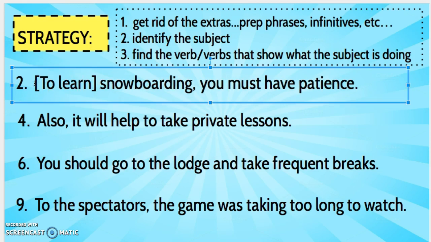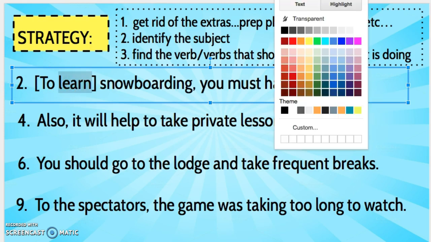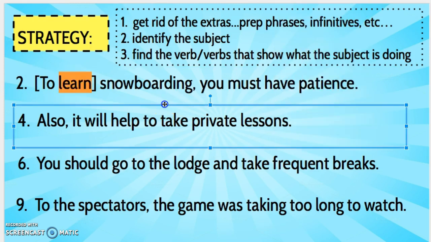And as I'm looking at that, I can really see that I have a verb, right? We know infinitives are the word to plus a verb. So I'm going to highlight that. It's my verb. That's an action verb. Now, snowboarding, this is a tricky one because I think many of us would want to look at that and say, oh, that's an action, that's something you can do. And you're 100% correct. Snowboarding is something you can do.